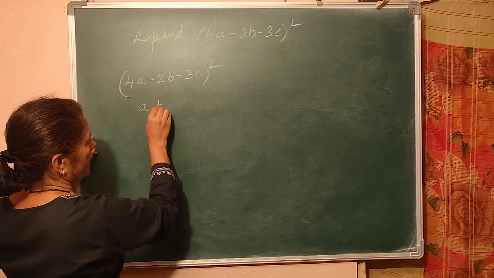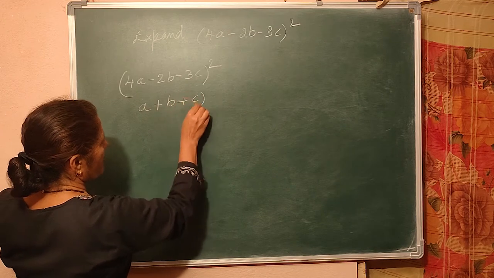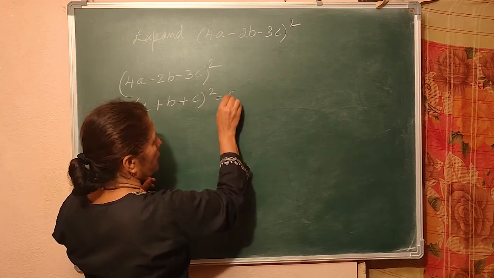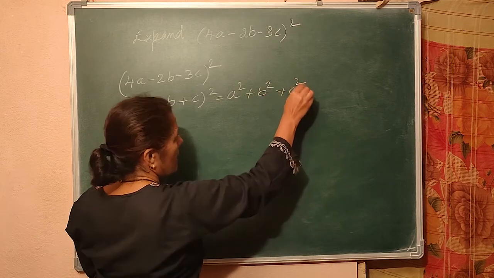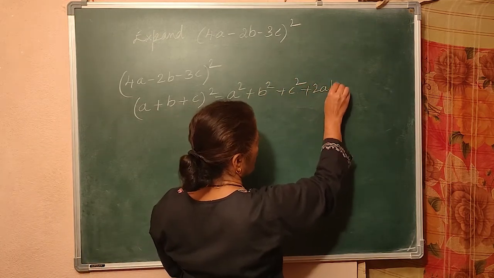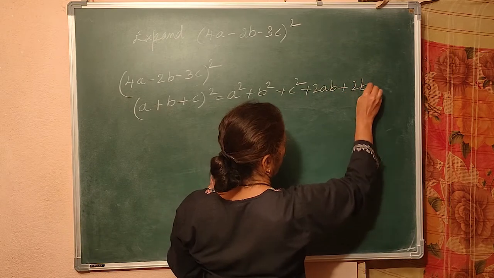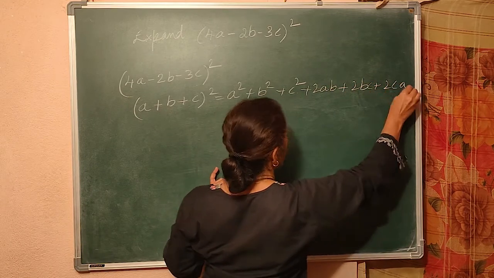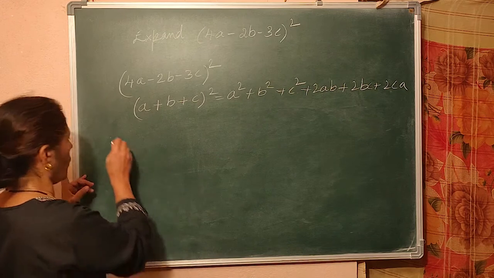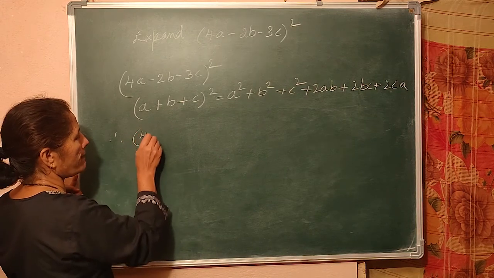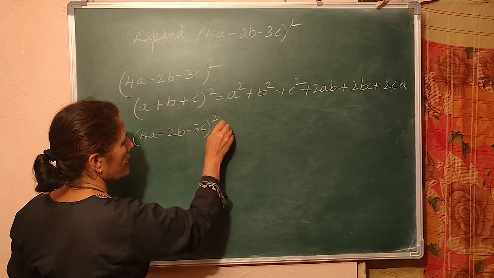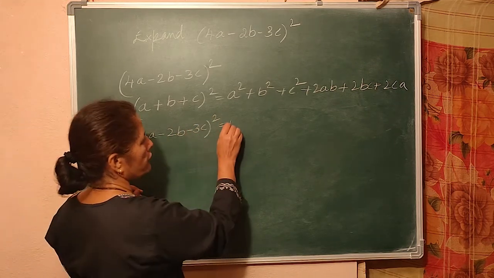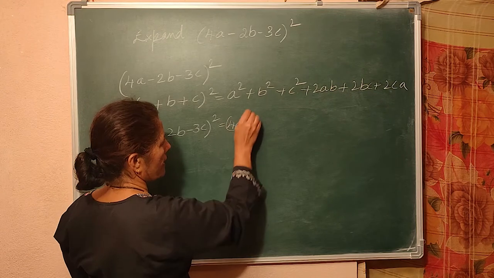Let me write on that identity. (a + b + c) the whole square is equal to a square plus b square plus c square plus 2ab plus 2bc plus 2ca. Right?